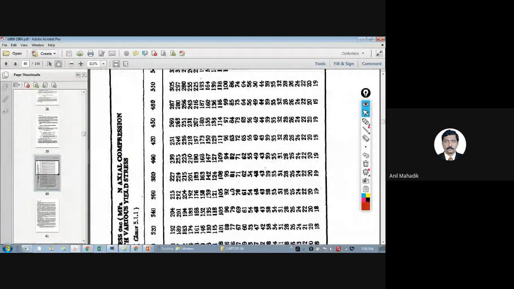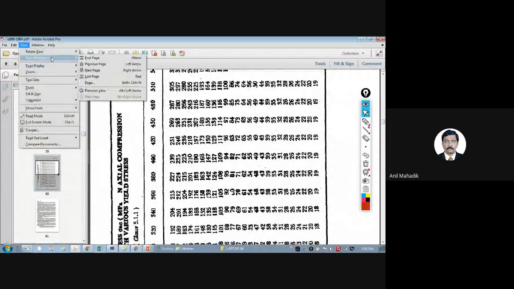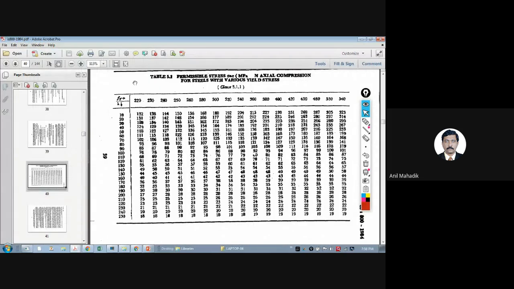This table. Sigma AC permissible only depends on this lambda, L by R, and Fy.